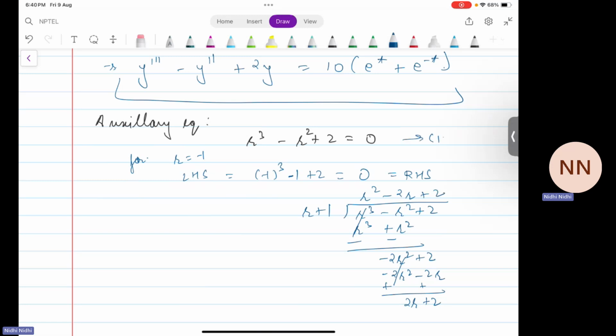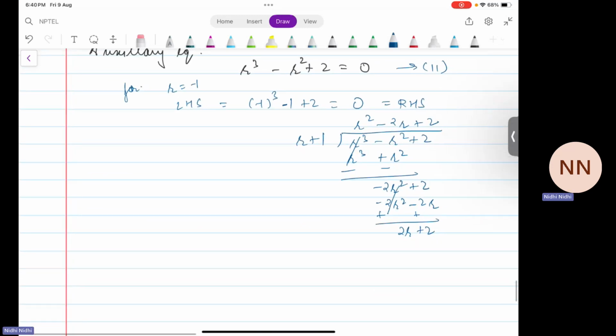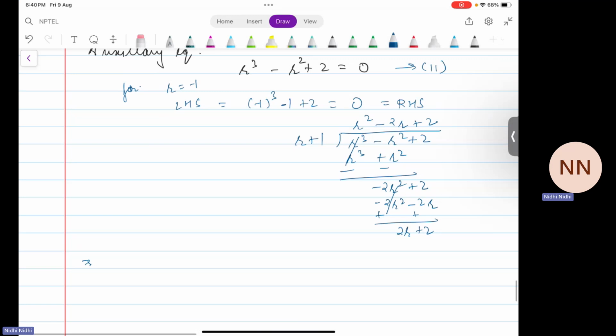So we can write the second equation, equation 2, as (r plus 1)(r square minus 2r plus 2) is equal to 0.